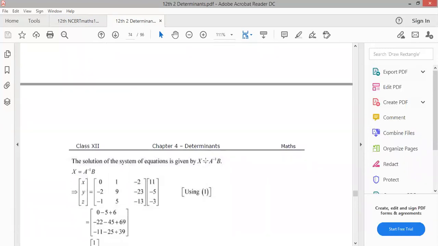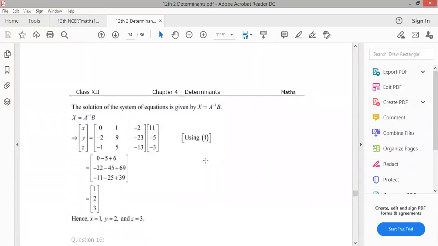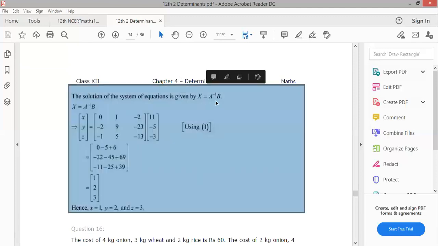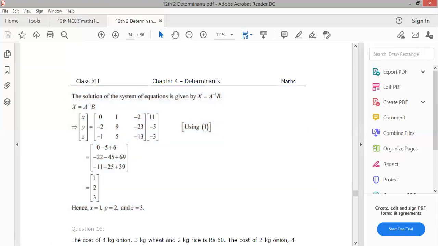The solution of this system exists because determinant of A is not equal to 0, and the solution is a unique solution given by the relation X is equal to A inverse B. A inverse we have calculated, B is already given, so we will multiply them and we will get 1, 2, and 3. By the equality of matrices, we have X is equal to 1, Y is equal to 2, Z is equal to 3. So we have calculated the values of the variables.